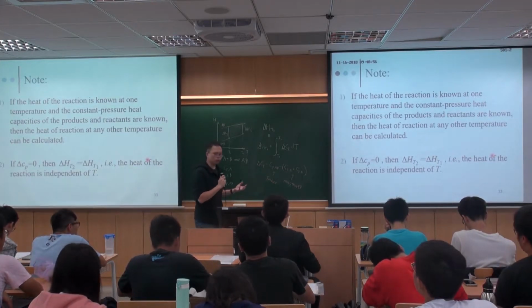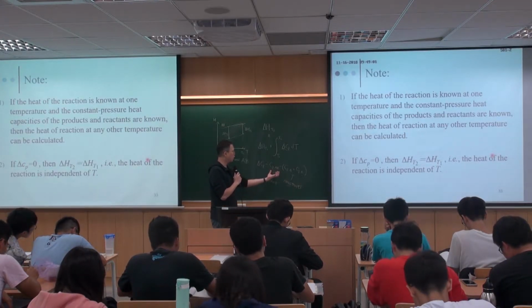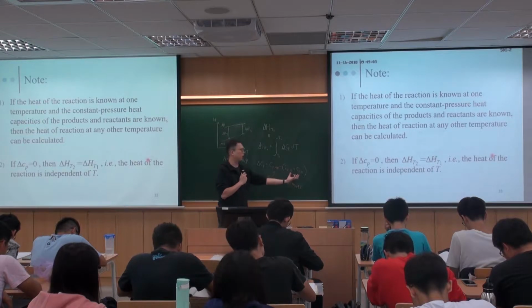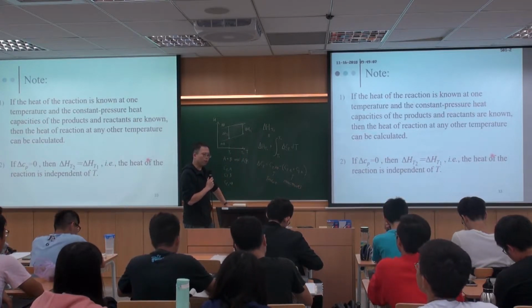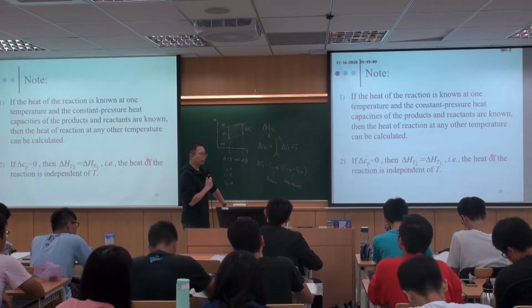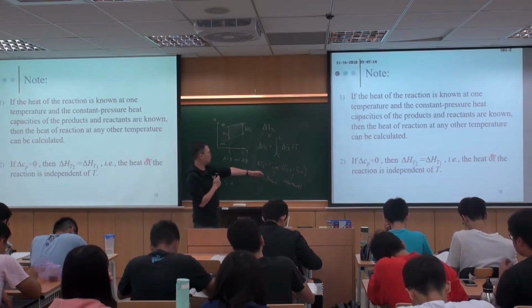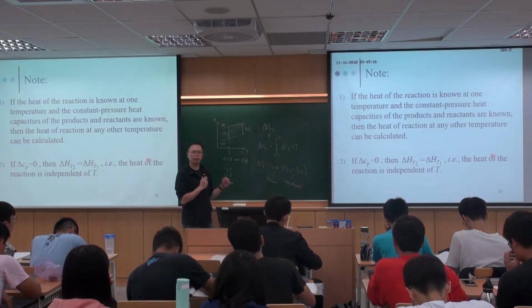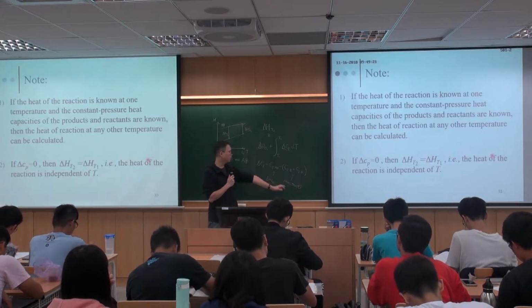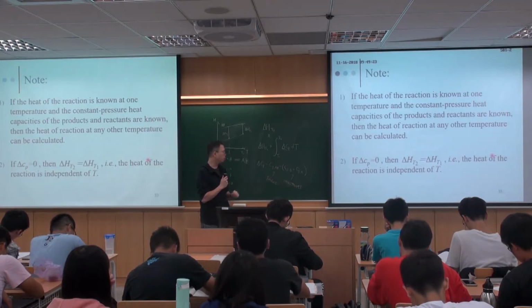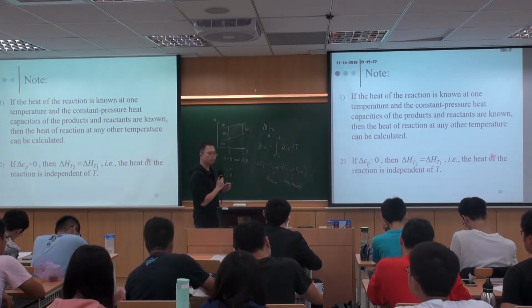The textbook shows you the example of a phase transformation, so you have, for instance, a liquid phase over here and a solid phase over here. But for most of the problems in the textbook, they're asking you about chemical reactions. So this is a more common case, that you have the Cp for product minus the Cp for reactants. And that's the delta Cp that you want to plug in.